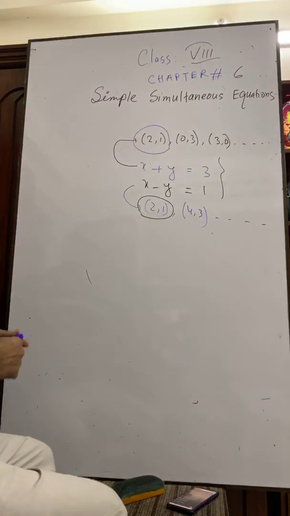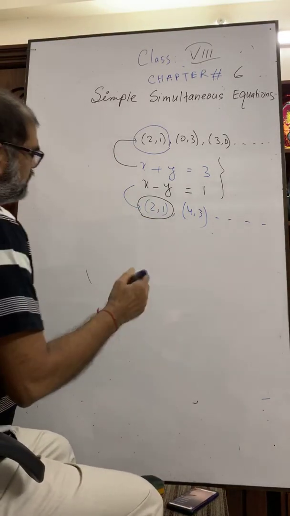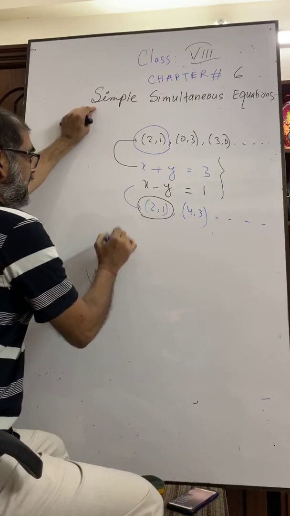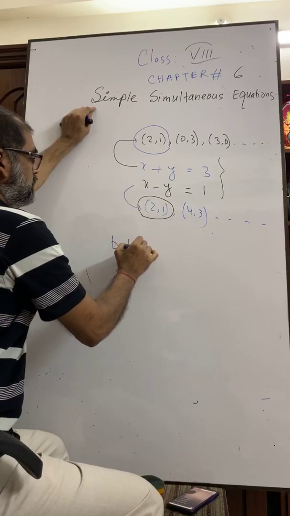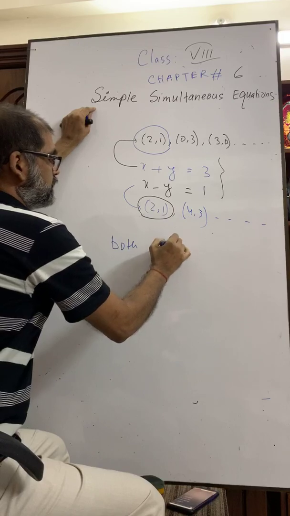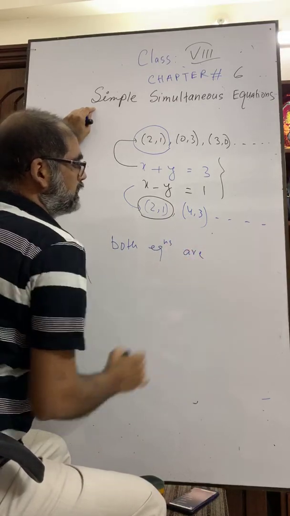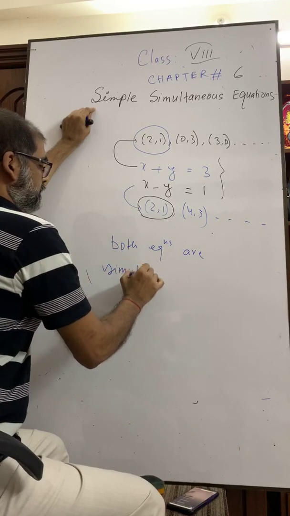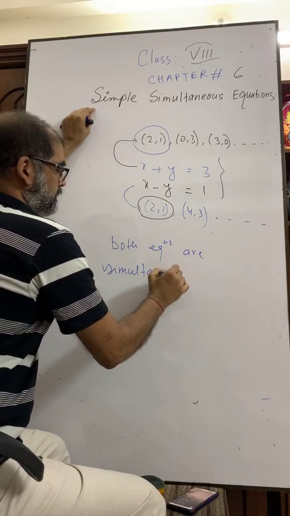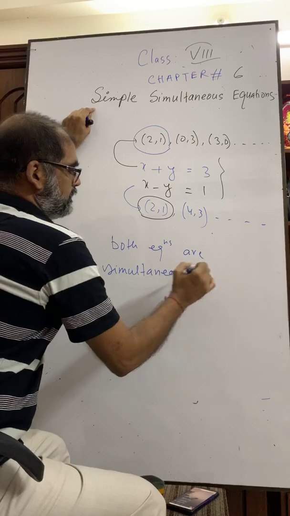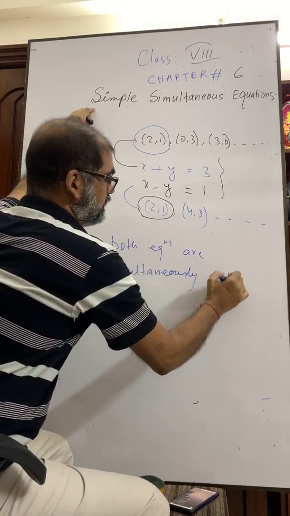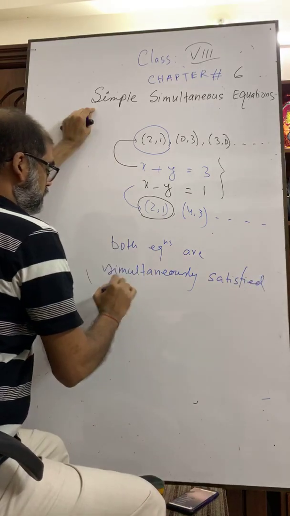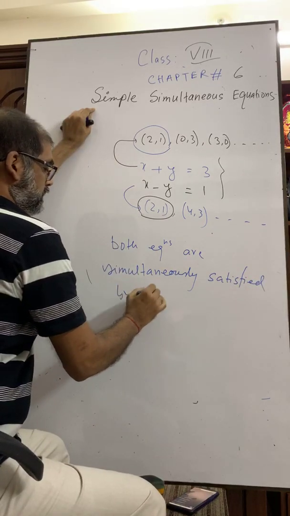Write down: here both equations are simultaneously satisfied by 2, 1.